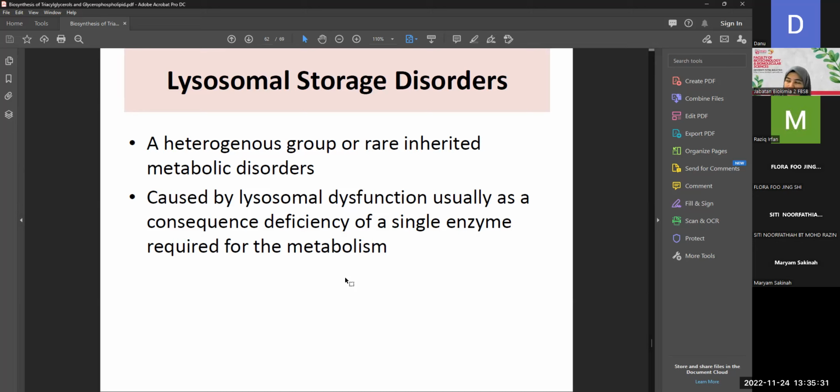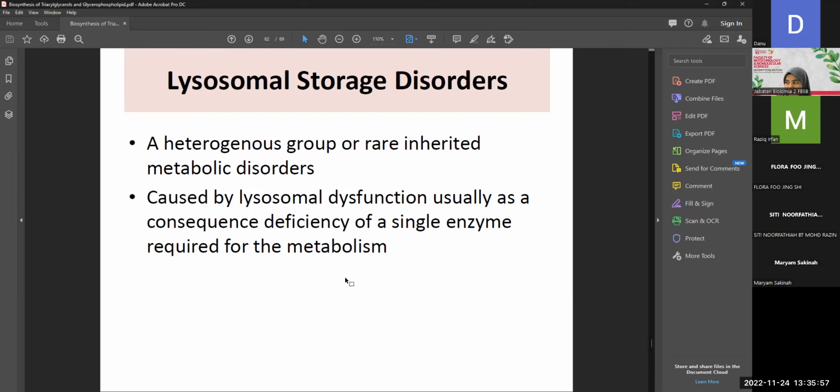We know that in every metabolic pathway, there are many enzymes involved in every reaction. So when there is a deficiency of an enzyme, it will cause a metabolic disorder, either inherited or rare.